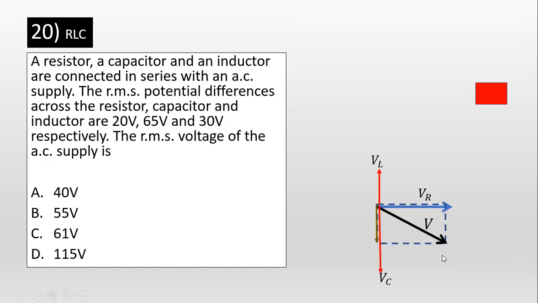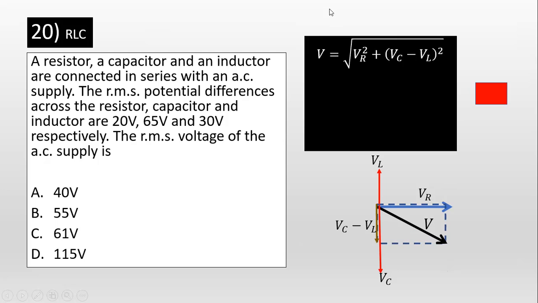VC is larger, so VC minus VL is the black one here. Then use Pythagoras theorem. Remember the voltage is a vector, so we are using the Pythagoras theorem on this triangle. VR squared plus VC minus VL squared. Put in your value, calculate out.